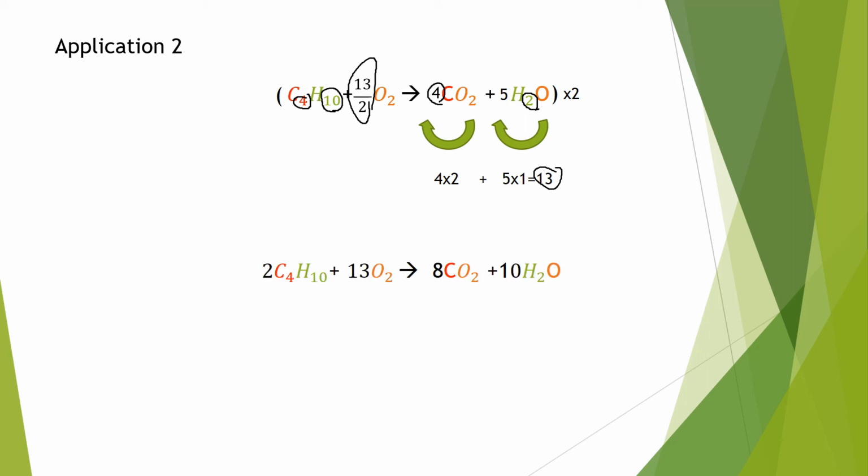I will get here 2, and here 13 over 2 times 2 will give me 13, and 2 times 4 will give me 8, and 2 times 5 will give me 10. So we must multiply every coefficient by 2. So we must multiply the 5 and the 4 and the 13 over 2, and here we must multiply it to make this equation balanced.